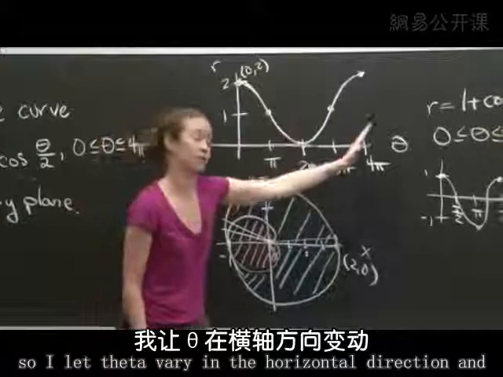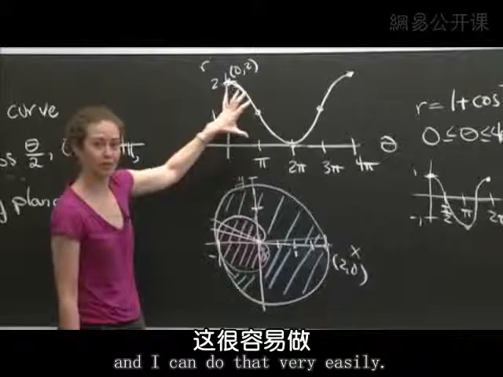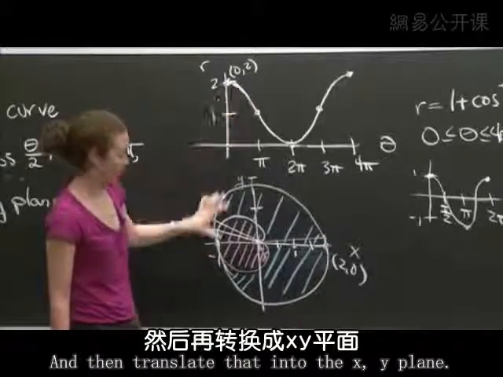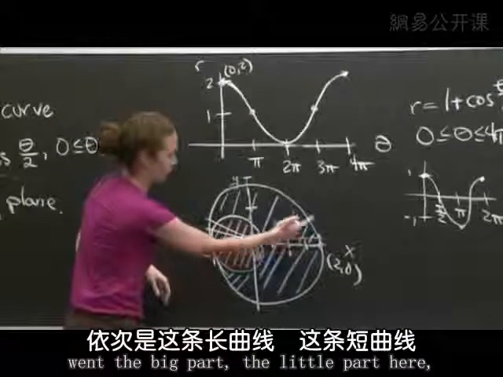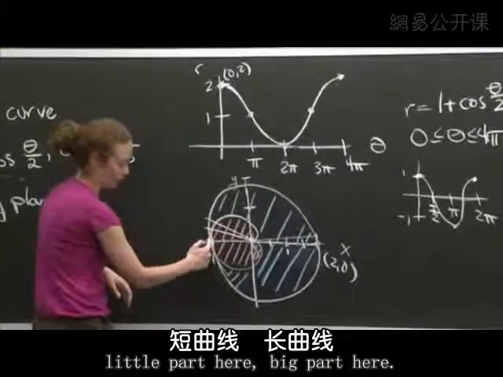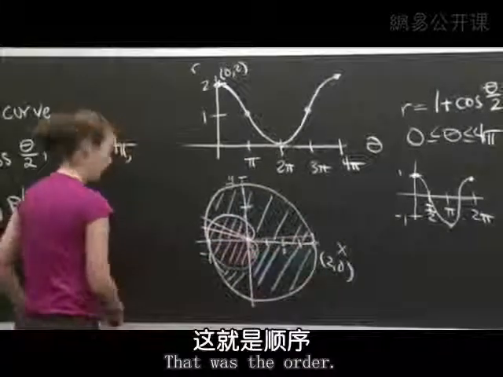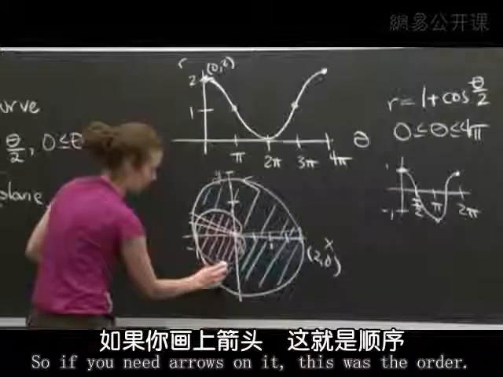So I let theta vary in the horizontal direction and r vary in the vertical direction. And I can do that very easily, and then translate that into the xy plane. So my curve, again, went the big part, the little part here, big part here. That was the order. So if you need arrows on it, this was the order.